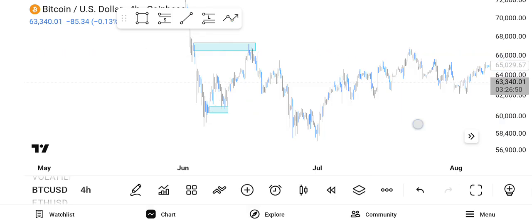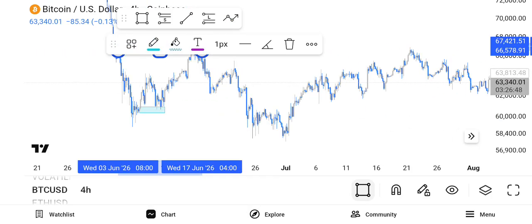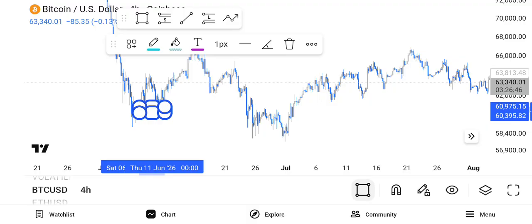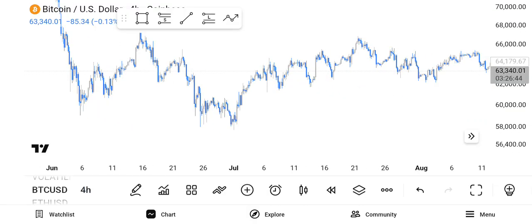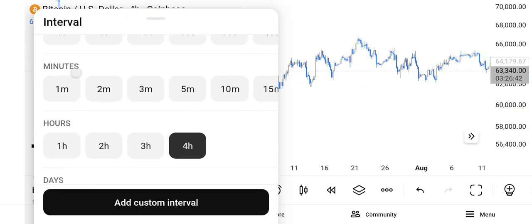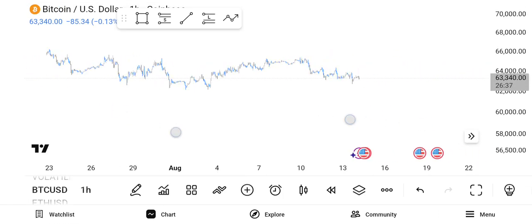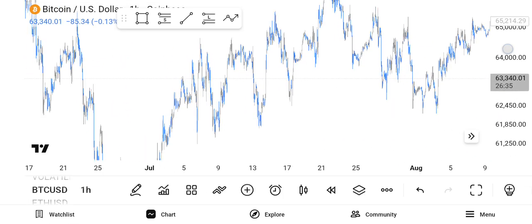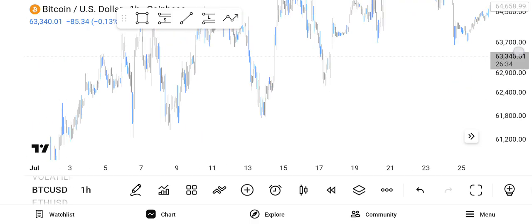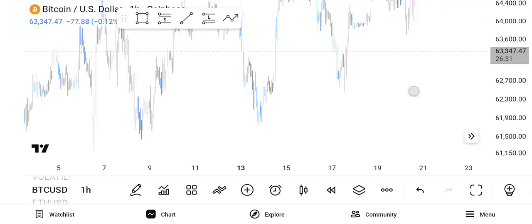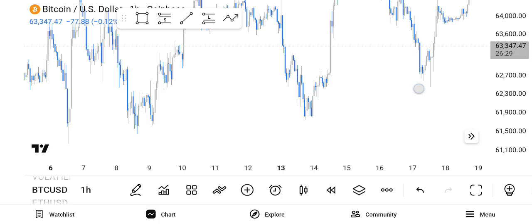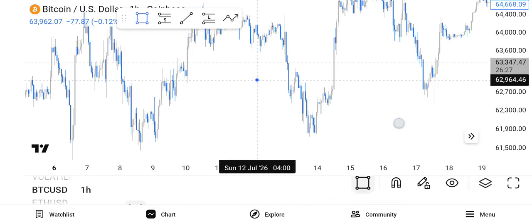That's just how it goes, and you can find this on any time frame. You can go to the 1 hour time frame, and you're still going to find it. That's the magic. As long as you're in line with the trend, you're going to still find it. You see one here, right here.